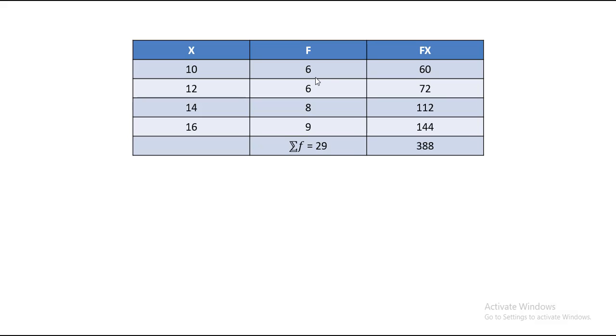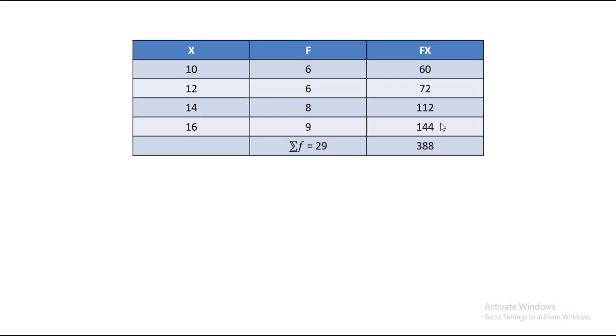So 10 into 6 gives me 60, 12 into 6 is 72, 14 into 8 is 112, 16 into 9 is 144. This is how I get f into x. So fx is 60, 72, 112 and 144.